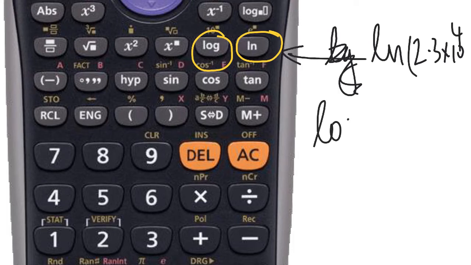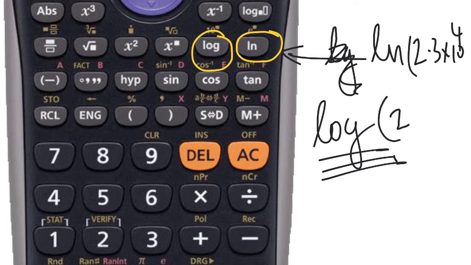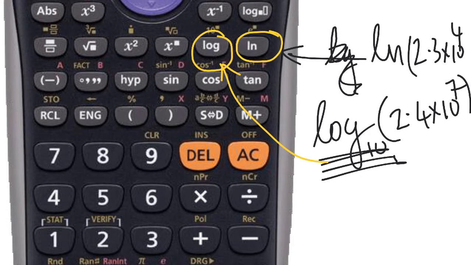And if you see log, which we will not be using in this lesson, it's not needed, but just in case you're wondering what the two types are, say log 2.4 times 10 to the power 7, something like that, you should be using this button here, because this is log to the base 10, and we'll see what that means briefly. And this is to the base e, so this is ln to the base e.